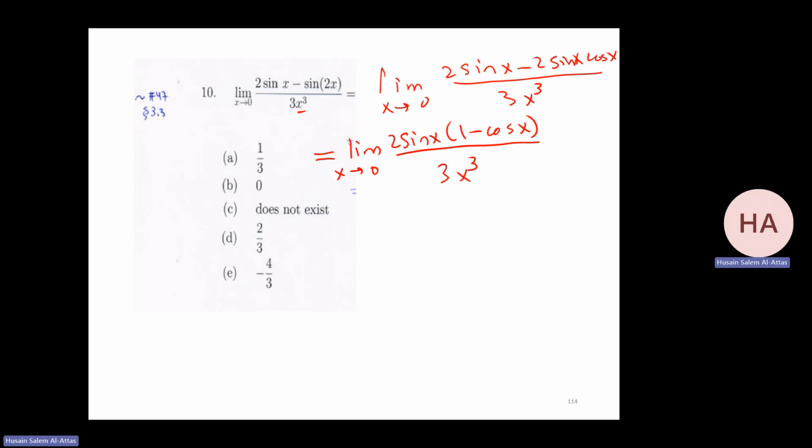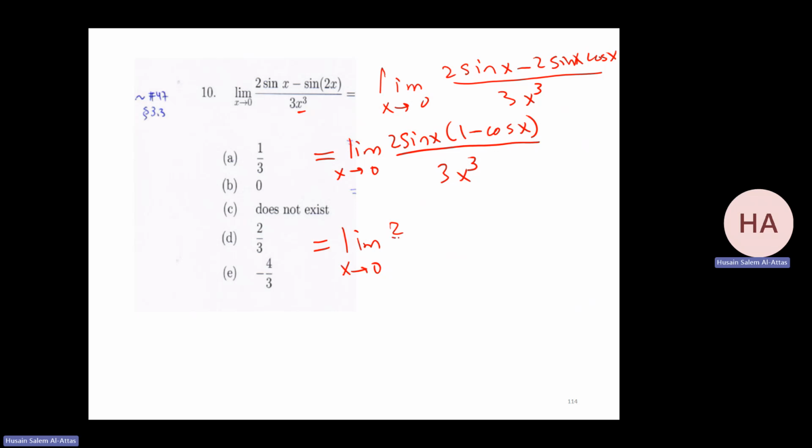Okay. Now if I divide by x, assume I did this, which will not give me a result, but I will see it. 2 sine x. Let me split it. Not divide, split this.